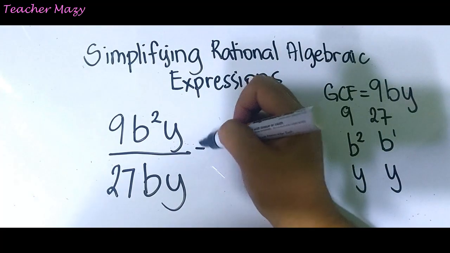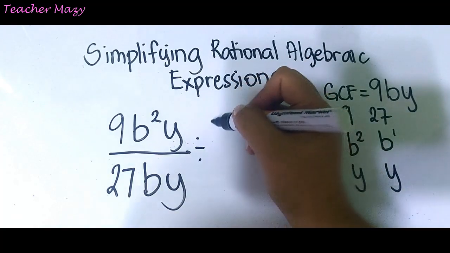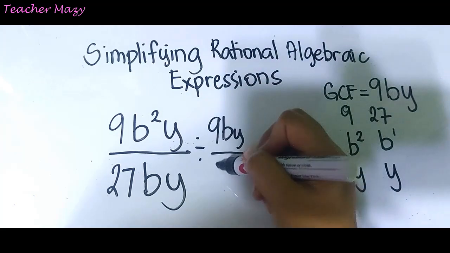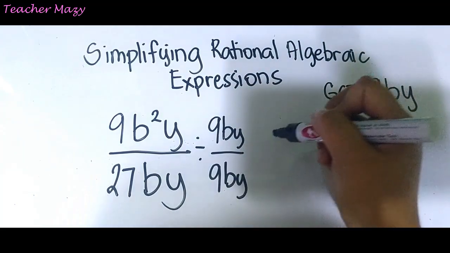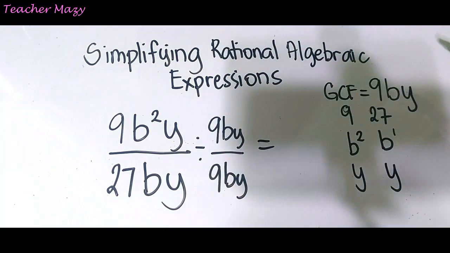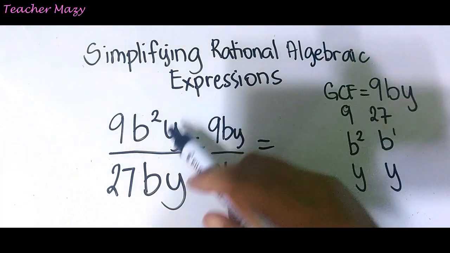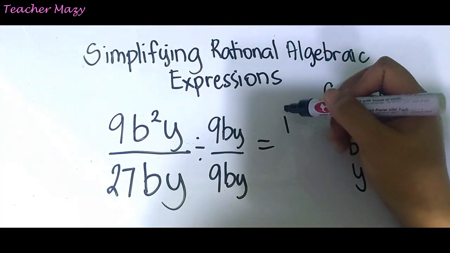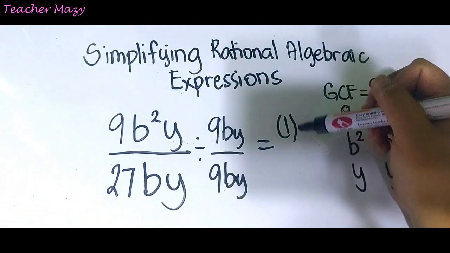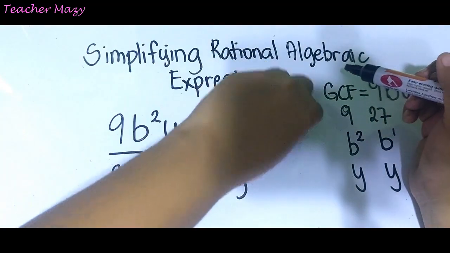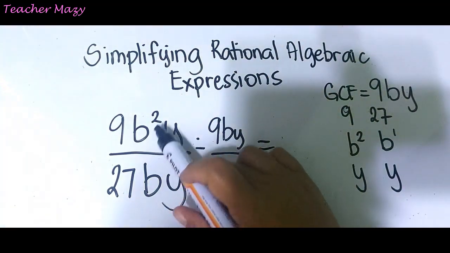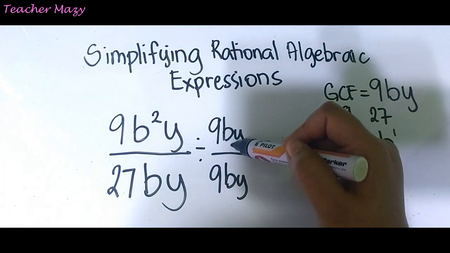So using the same concept in simplifying fractions, we divide both the numerator and the denominator using our GCF. To get the simplified rational algebraic expression, first 9 divided by 9 is equal to 1. Since it is equal to 1, we don't have to write it. Next, b squared divided by b.